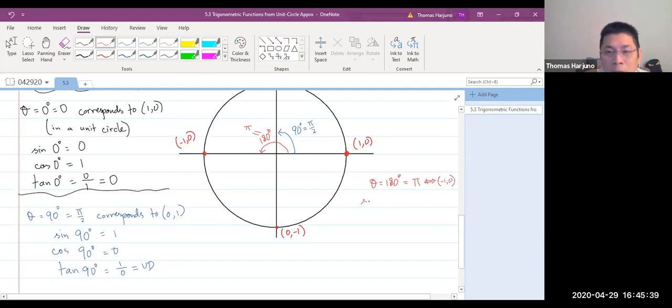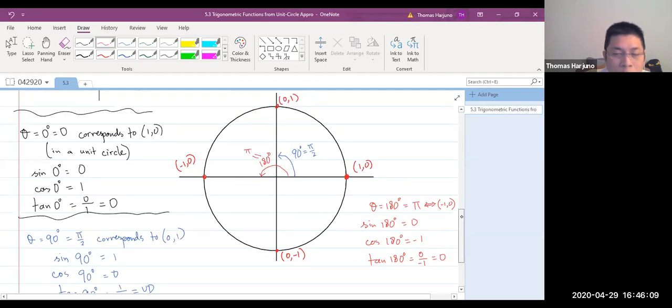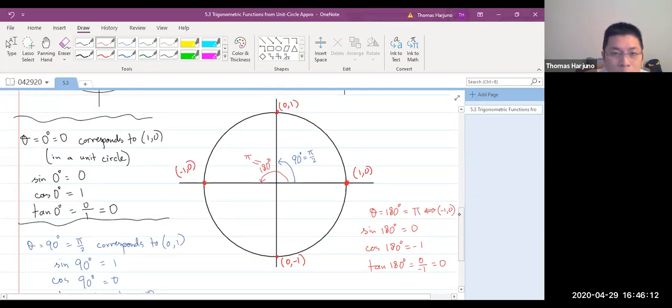Then from there right away we see that sine 180 degrees equals 0, cosine 180 degrees is -1, and tangent 180 degrees is 0 over -1, which is 0. So instead of memorizing, again, instead of memorizing the values, try to memorize the coordinates on the unit circle that correspond to that angle, and then you can get these values really fast. Okay, a lot faster.